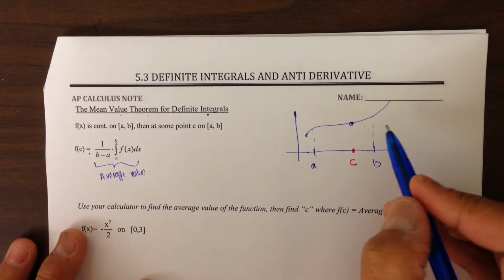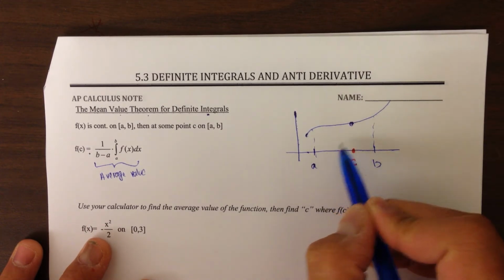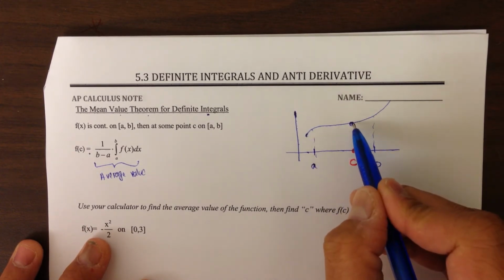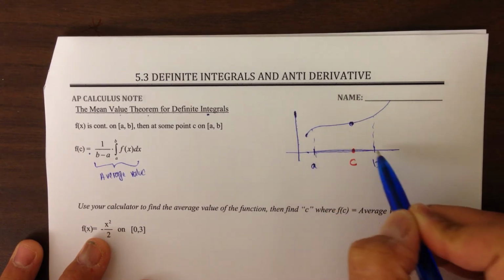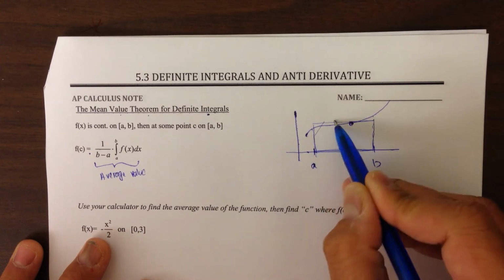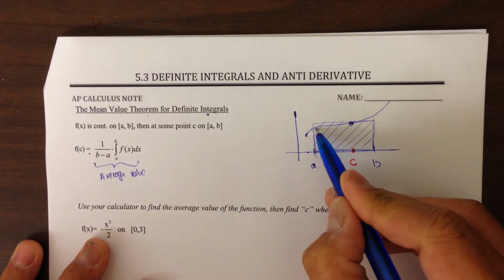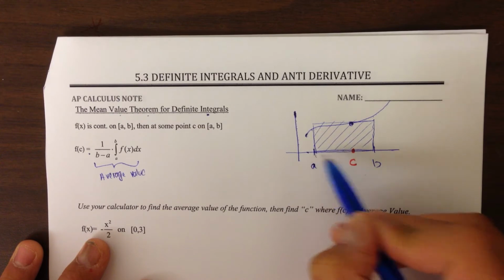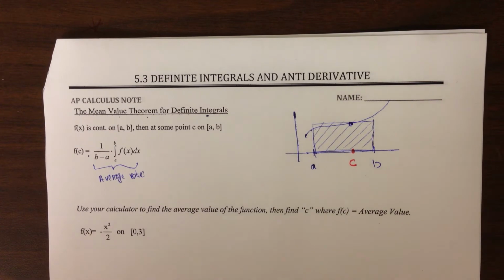And what that also means is if you were to take that function value and multiply that by the width of your interval, then the area that you get from that rectangle will be the same as the area under the curve from a to b. Alright?